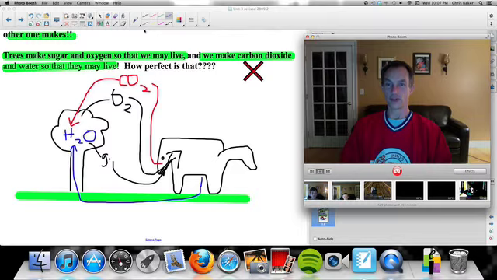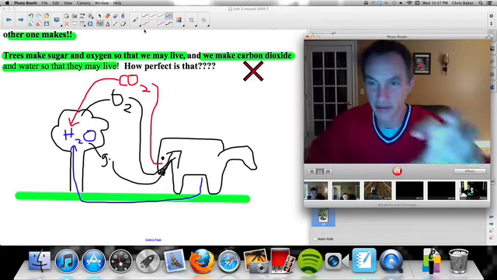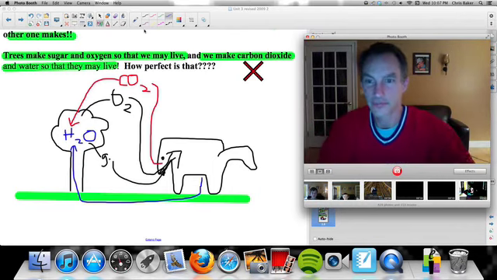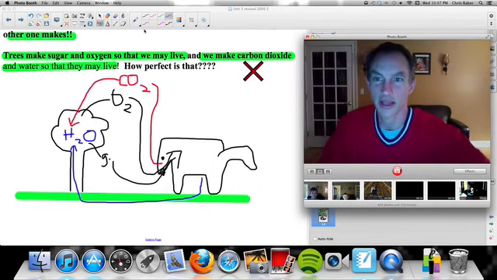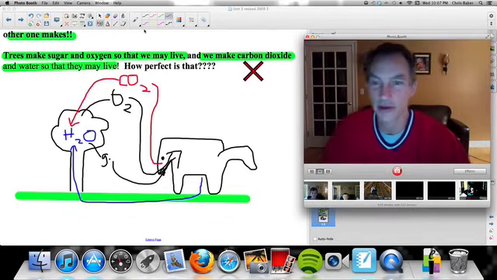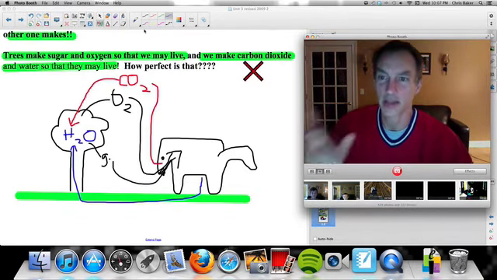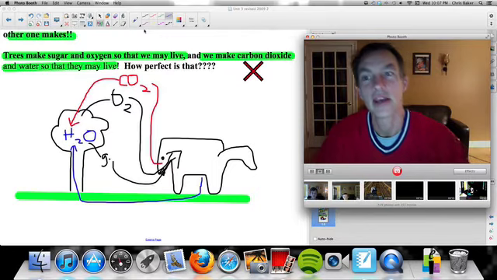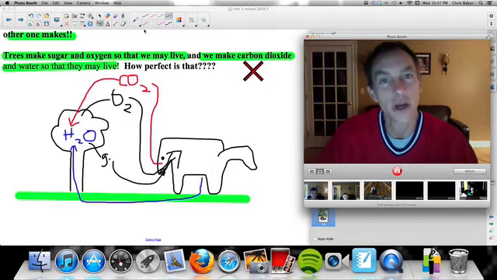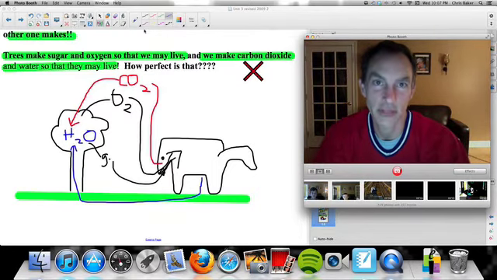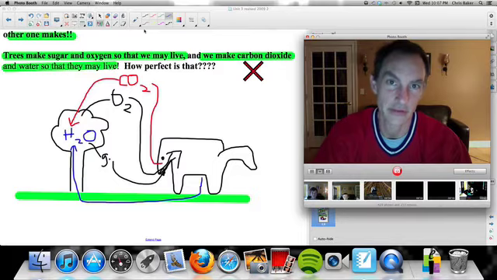But hopefully you can see how two things go into the tree, into the plant, and two things go into the animal. Both of those pairs of things need each other. We take the oxygen and the glucose and make carbon dioxide and water out of it. The plant takes carbon dioxide and water and makes oxygen and glucose out of it, for us.